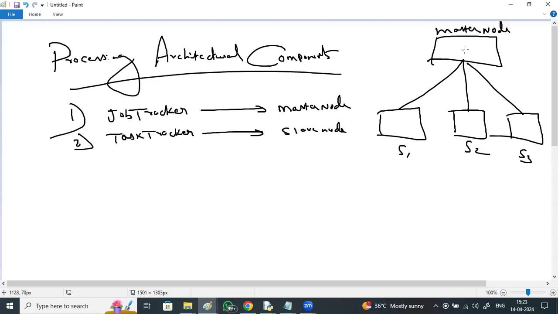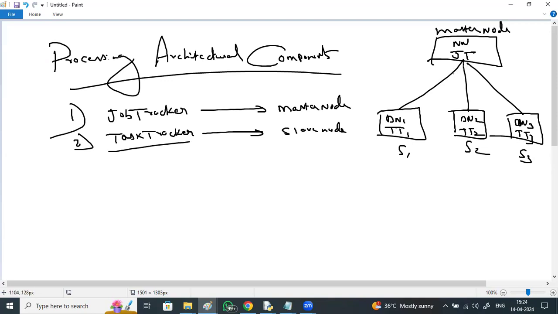Within the master node, you will have name node and job tracker. Within the slave node, you will have data node 1, data node 2, data node 3, and task trackers: task tracker 1, task tracker 2, task tracker 3.